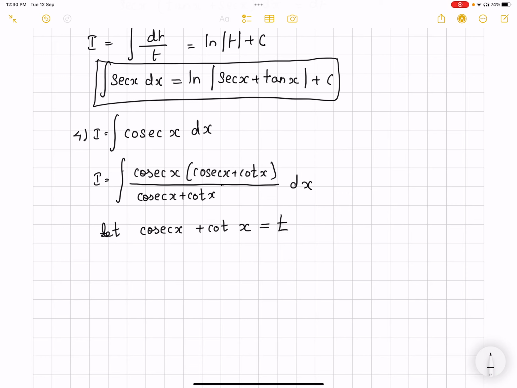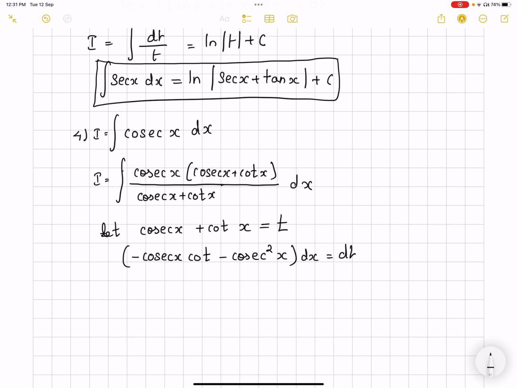When I differentiate it on both the sides, for cosecant x, I get cosecant x cot x with a negative sign, so minus cosecant x cot x. And then when I differentiate cot x, I get minus cosecant square x. And then into dx is going to be equal to dt, when I'm differentiating both the sides with respect to x.